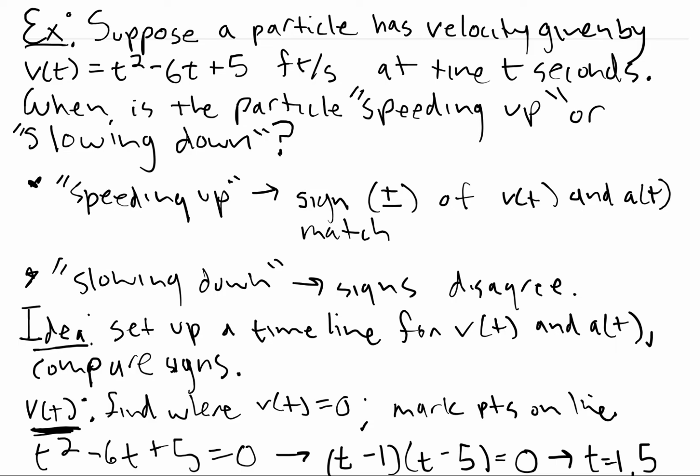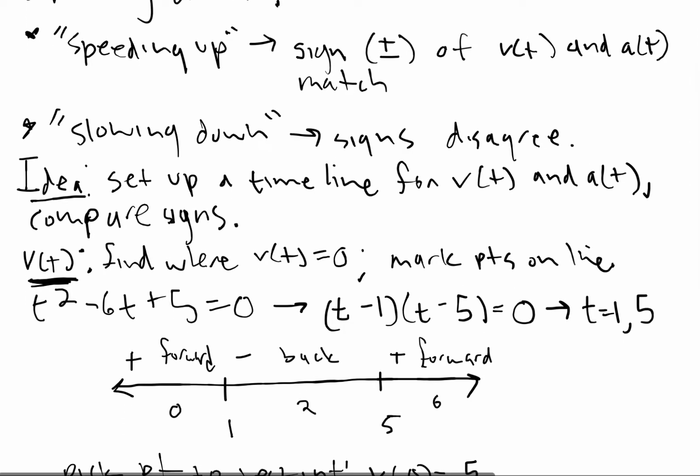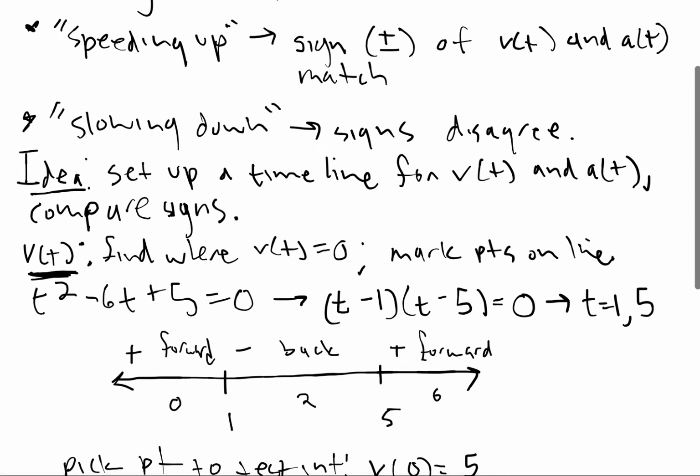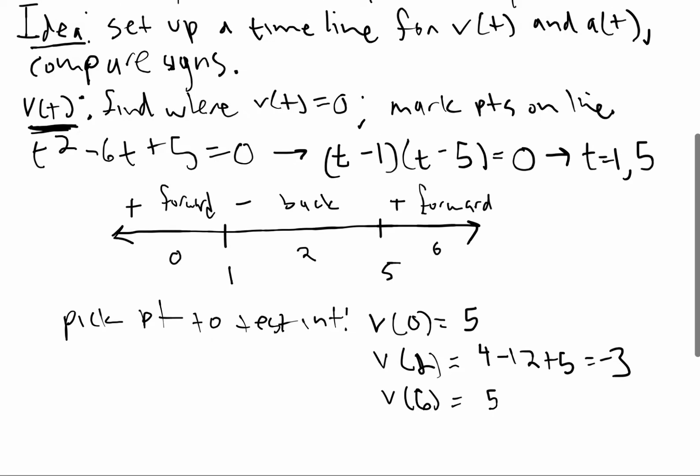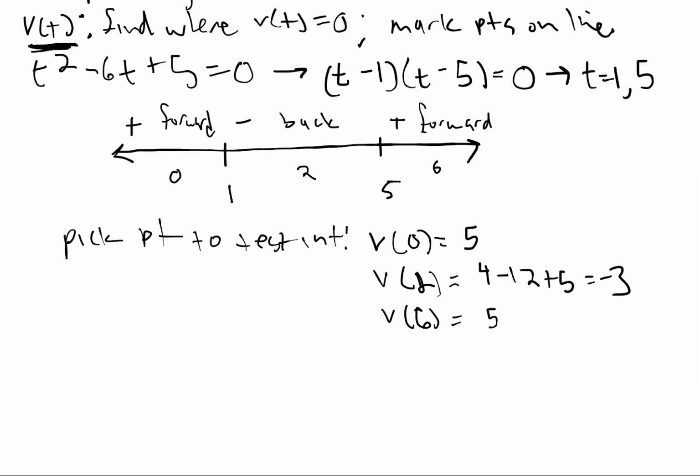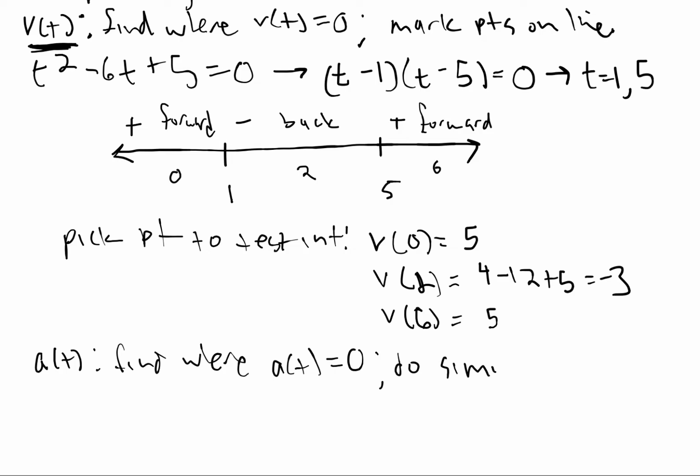So that same process where we set my velocity function equal to 0 to mark the points on the number line and then test the intervals for signs, we want to do this exact same thing but for the acceleration function. So I'll go ahead and note for a of t, we want to find where a of t is equal to 0 and then basically do the same thing as we just did above.